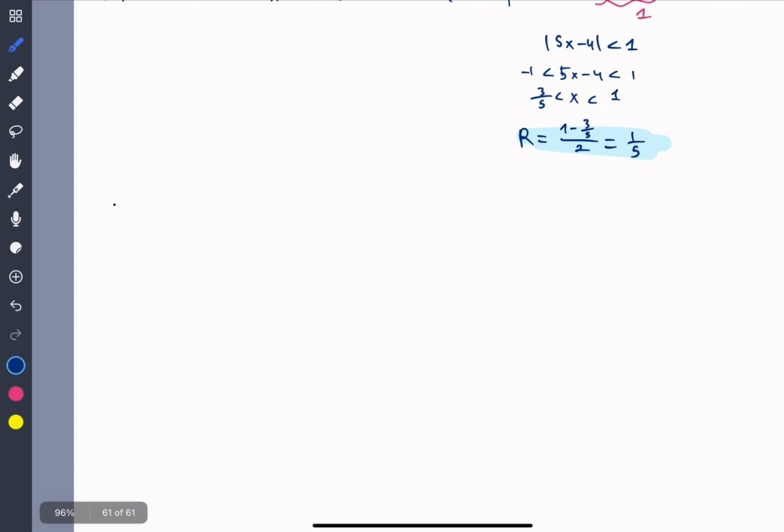All there is left to do is to check the boundary points to be able to find the interval of convergence. So we first take x as 3/5, and here I was supposed to draw an implication sign. I don't know why I put an equal sign there. As I say, it was so late.